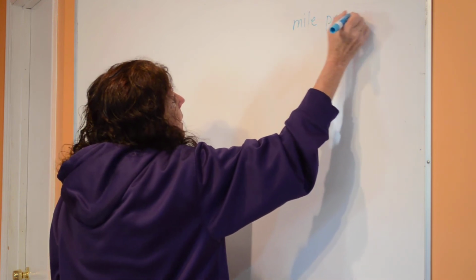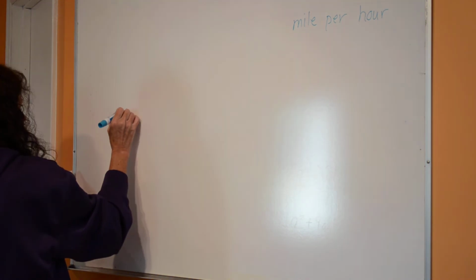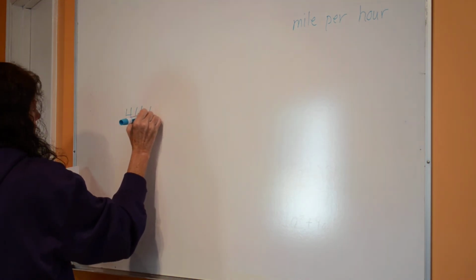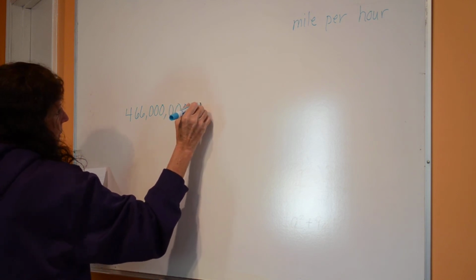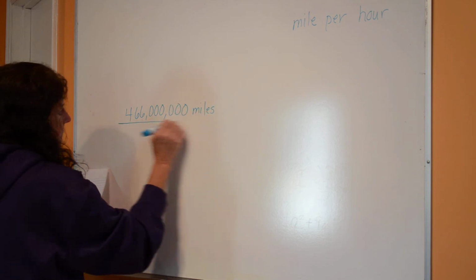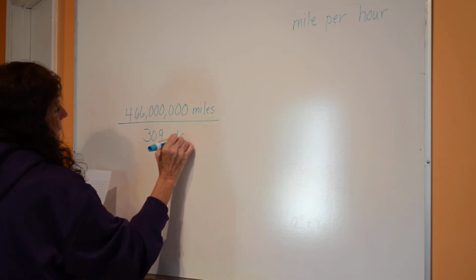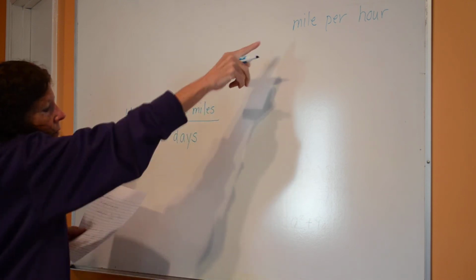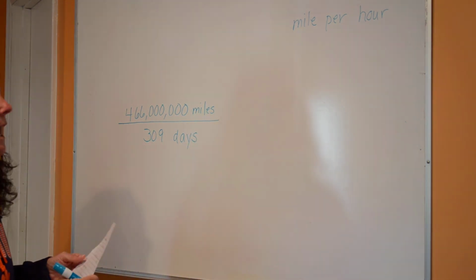So what I'm starting out with is that many miles in 309 days. Well, I know that when I finish, I still want miles, but I want the days to have been changed to hours.